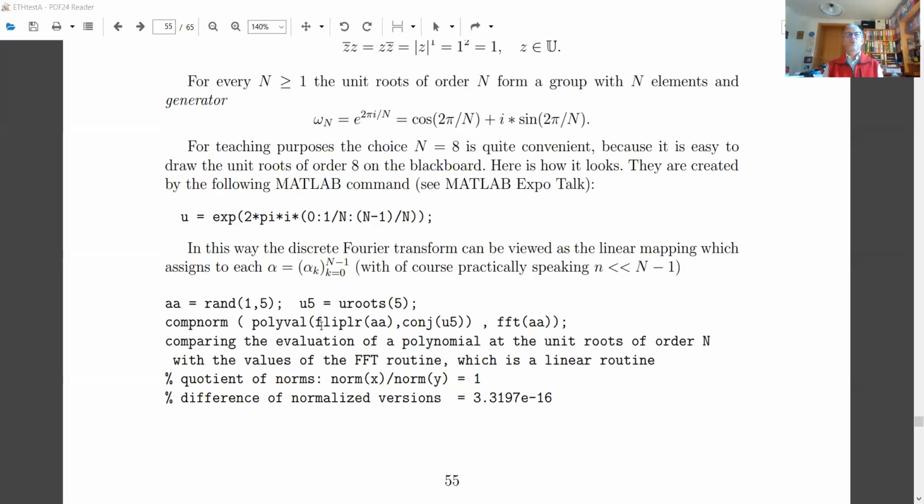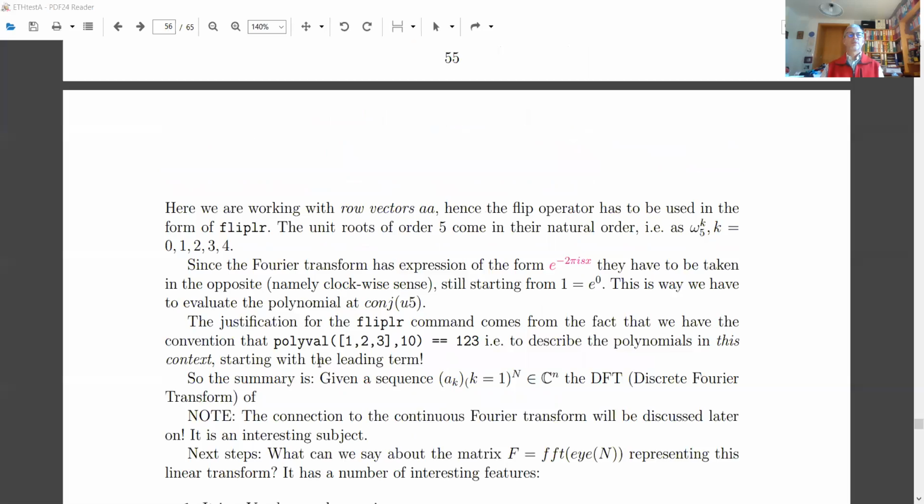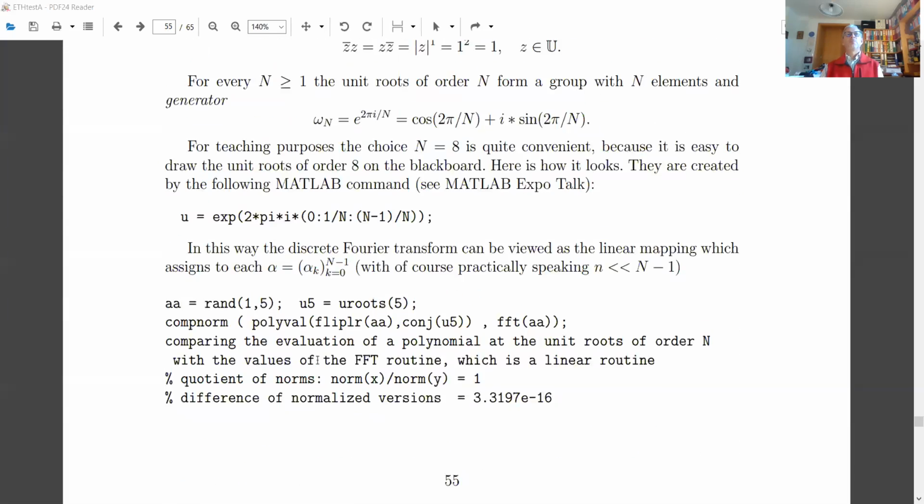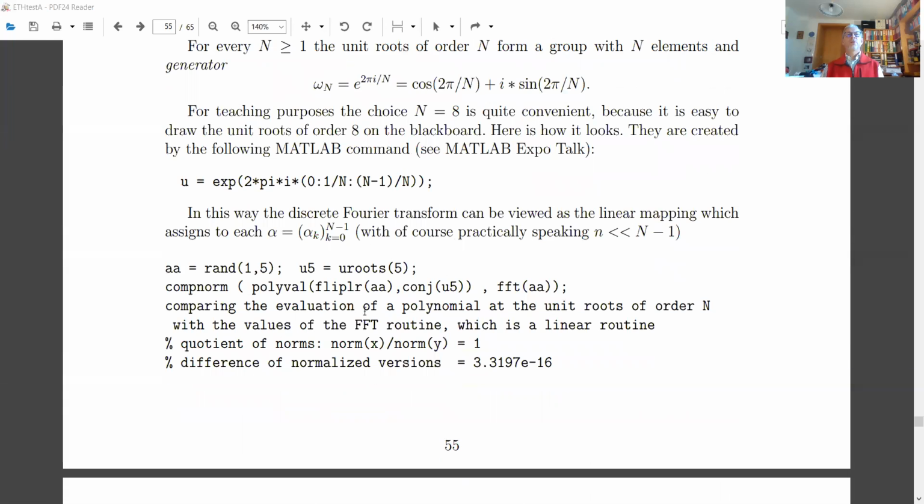That's kind of what you should memorize. But you should keep in mind that polynomials are described in a mathematical way, as I did earlier, as mathematicians usually do it. They would say it's 1 plus 3x plus 5x squared, so in increasing order.